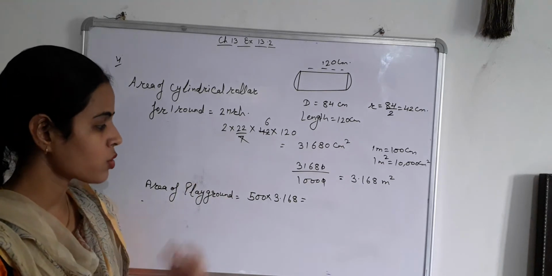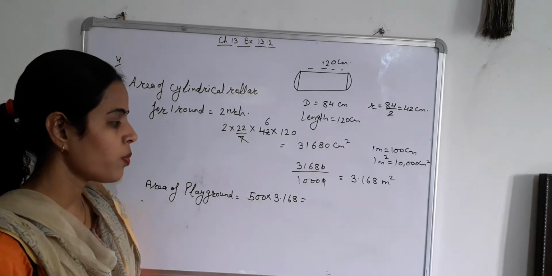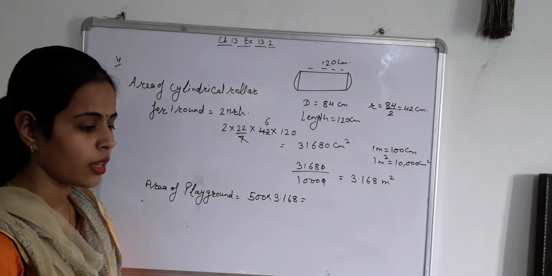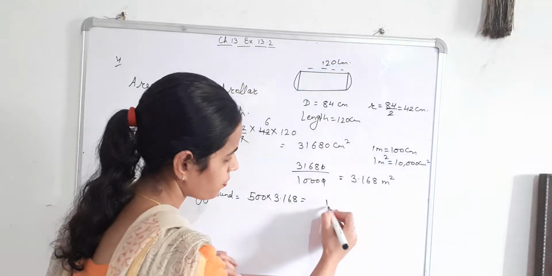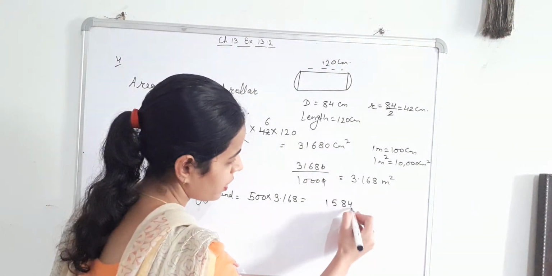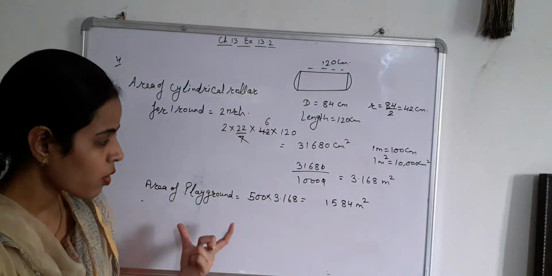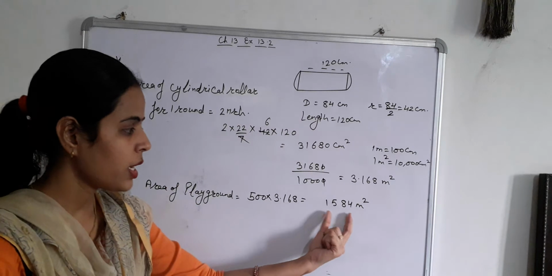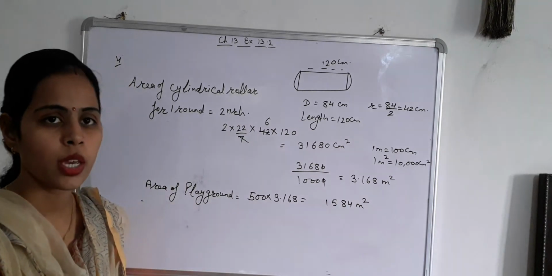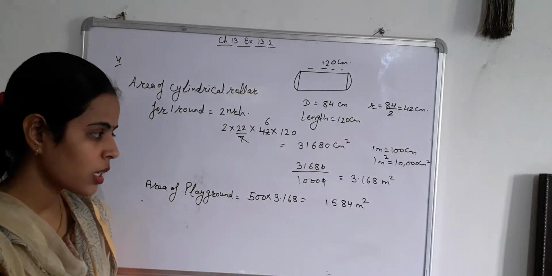This will be 500 into 3.168 equals 1584 meter square. So area of the playground equals 1584 meter square. Question number 4 is complete.